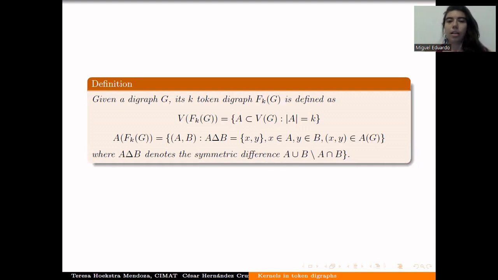The vertices are the sets of k vertices of the graph G, and the arrows are of the form AB, where the symmetric difference of A and B is precisely an arrow of G. This means that the symmetric difference is the set XY, where X belongs to A, Y belongs to B, and XY is an arrow of G. The symmetric difference is just taking the union of the sets A and B and then removing their intersection.